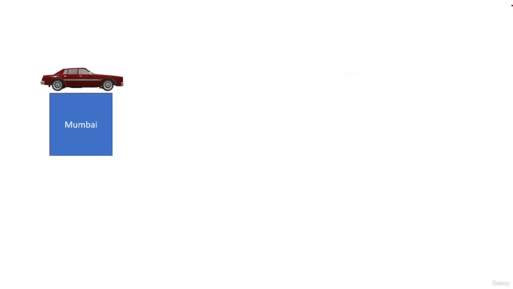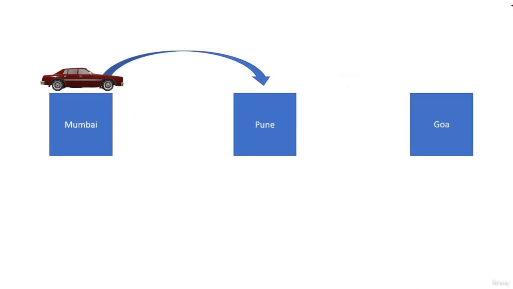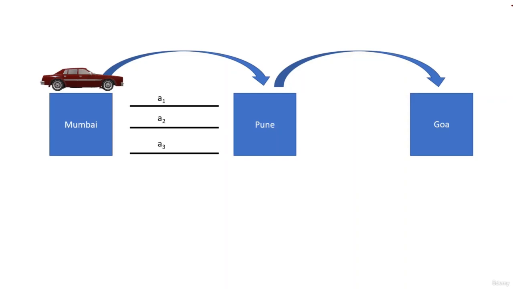So having understood this, I'll give you another example to understand counting very easily. There is a car which needs to travel from Mumbai to Goa via Pune. All right, excited about Goa, right? We all are. Suppose between Mumbai and Pune we have three routes, A1, A2, and A3. And between Pune and Goa, suppose I have two routes, B1 and B2. Let's check in how many ways I can travel from Mumbai to Goa across these routes.